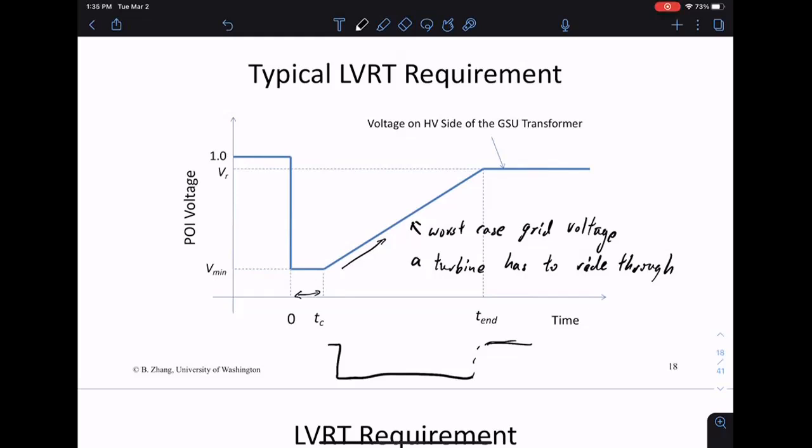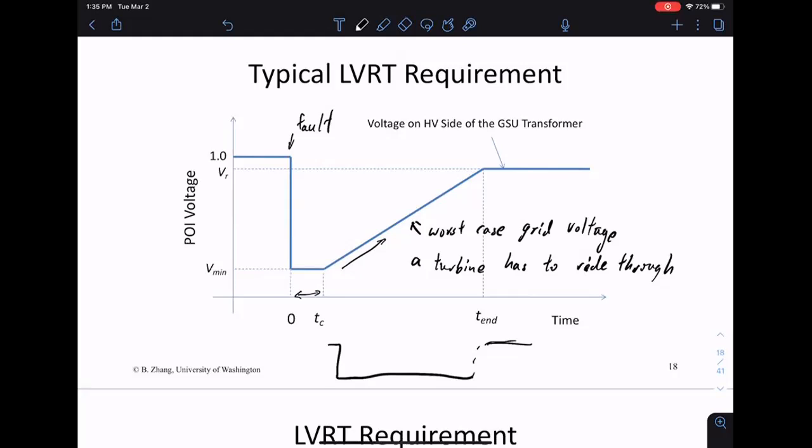One is the fault: some fault happens in the system and you see a big voltage drop. Then you stay at some minimum voltage for a little bit of time. Then the fault gets cleared and you slowly ramp up.